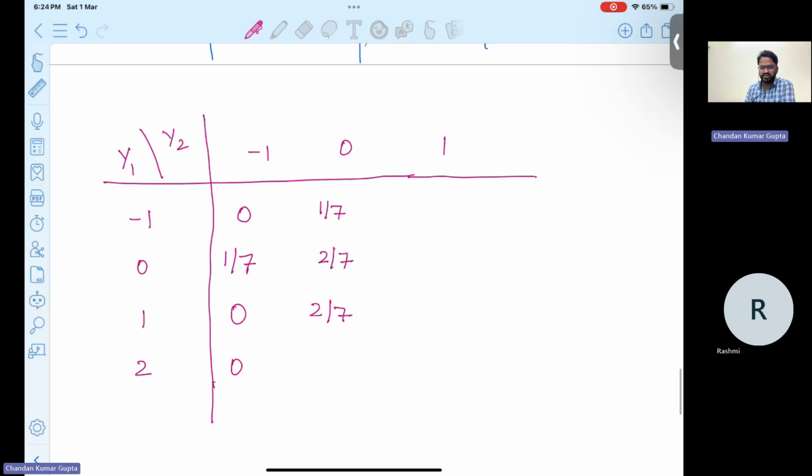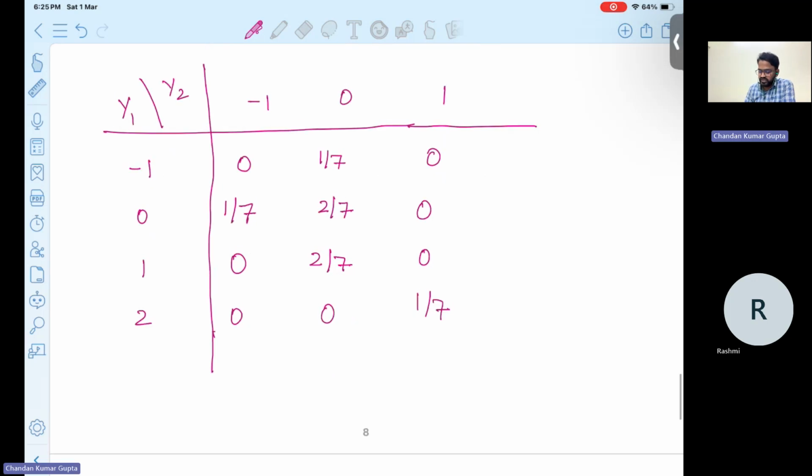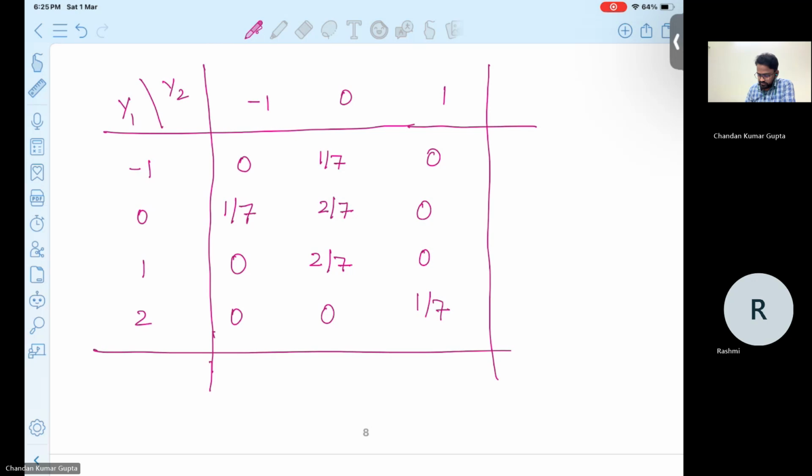In a similar manner, we fill the remaining entries, with 1/7 here. And if you sum this, you will find the summation is 1.